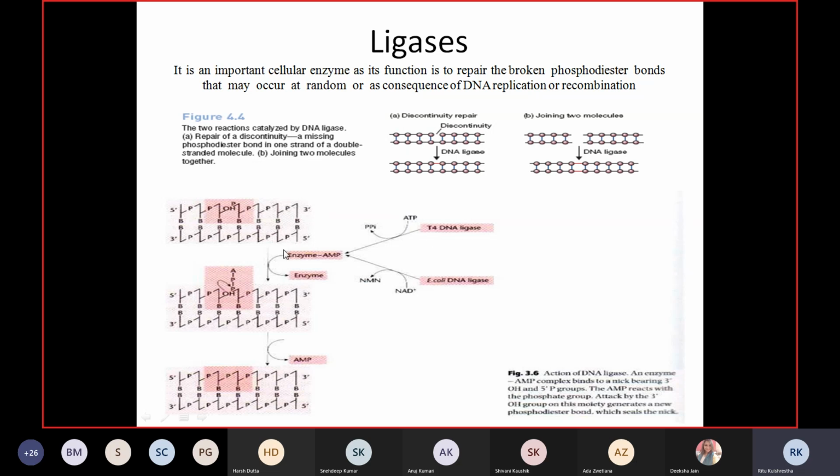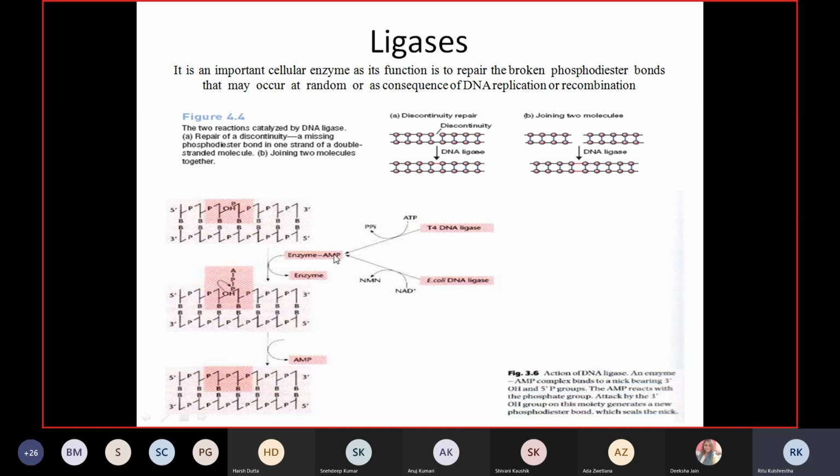How do they do it? These enzymes form an enzyme-AMP complex. T4 DNA ligase is ATP dependent, and E. coli DNA ligase requires NAD. So in these reactions, what we finally get is an enzyme-AMP, or let's say ligase-AMP complex.